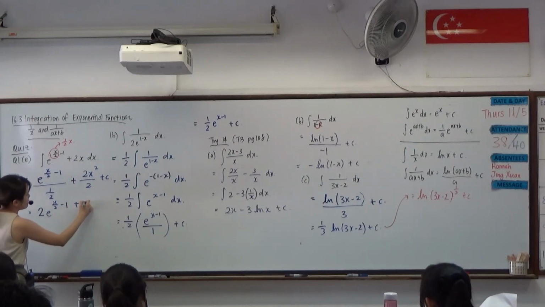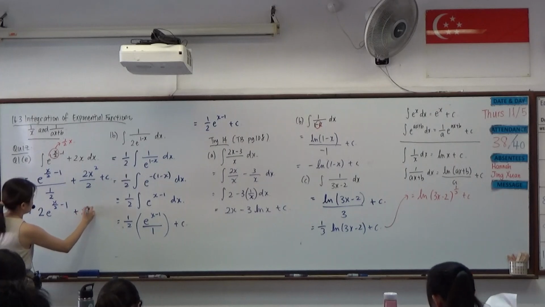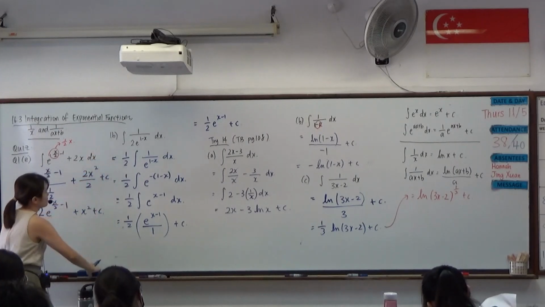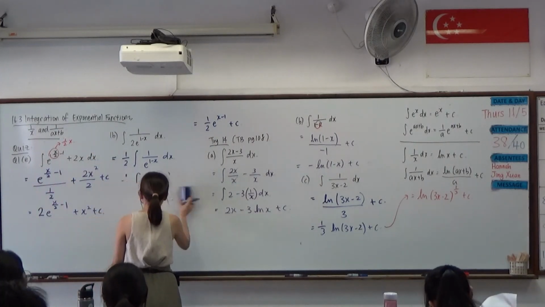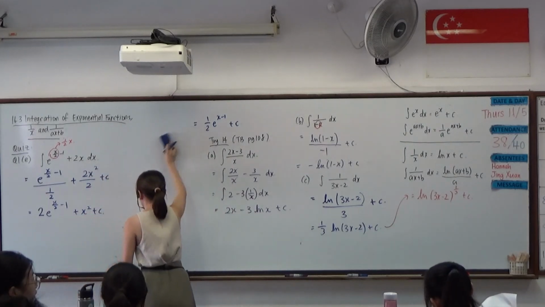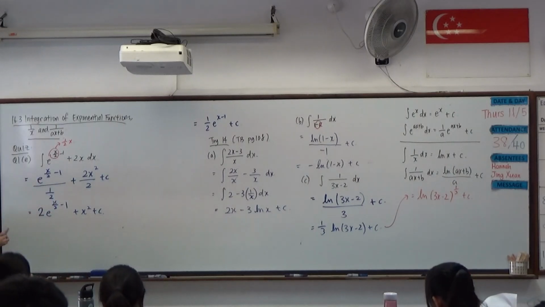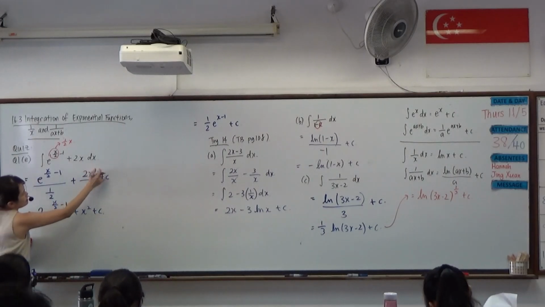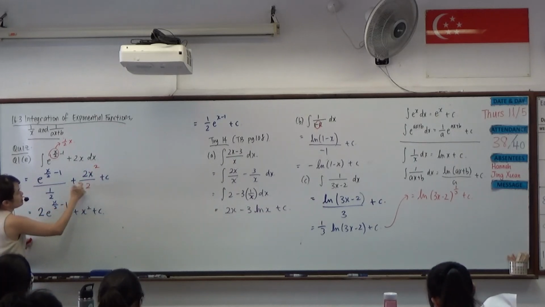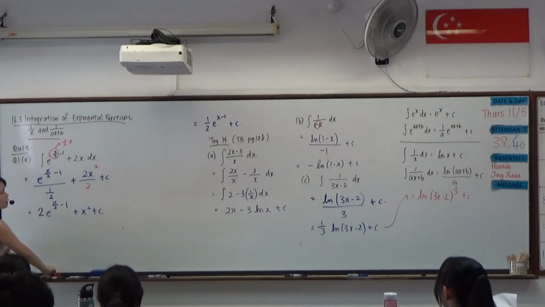These 2's cancel out, so you get plus x squared plus c. I just want to emphasize that this 2 over here is a result of the power, not because of this number here.